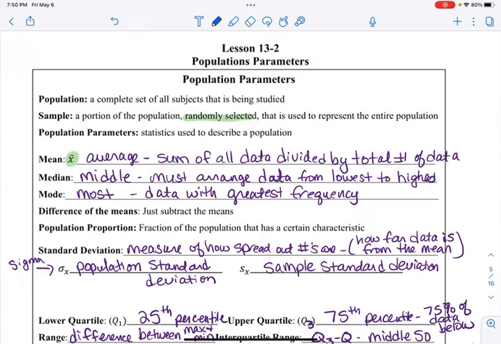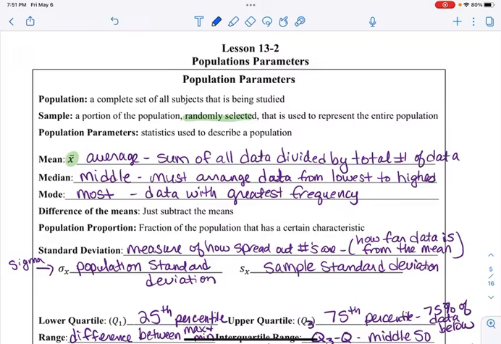So the mean is the average, the sum of all the data divided by the total number of data. Median is the middle. You have to arrange the data from lowest to highest, but your median is your middle score. Sometimes I actually like the median the best when I'm looking at test scores because I can see where most of those people's scores lie, where the mean can be affected if there's a really low score.